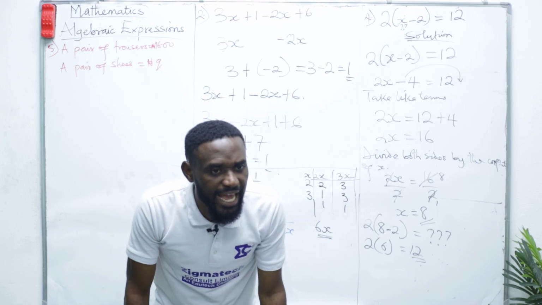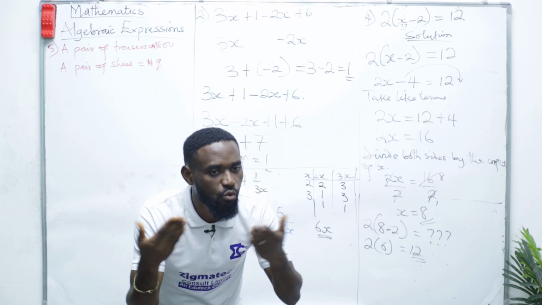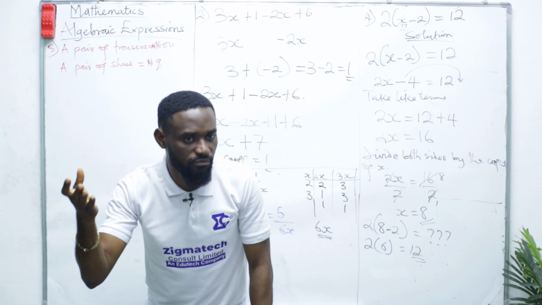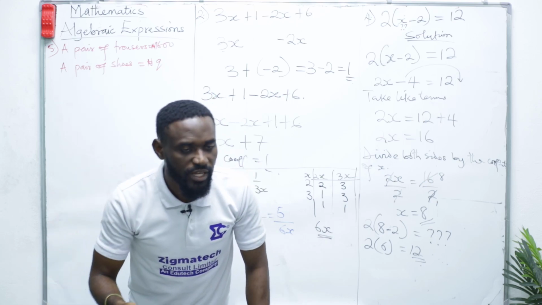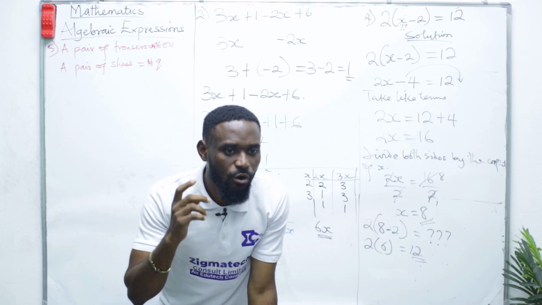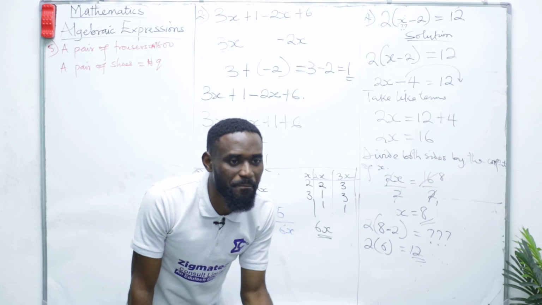Now the question is, if the two costs, that is a pair of trousers and a pair of shoes, together cost 2,800 naira, what is the cost of the pair of shoes?